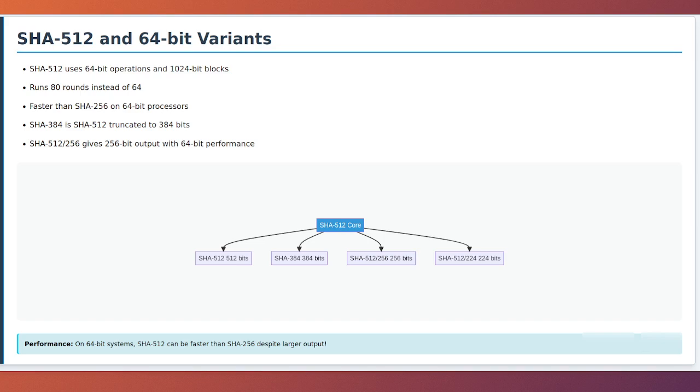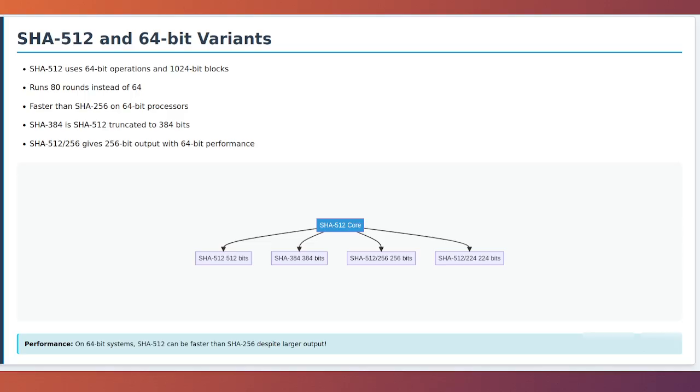The round constants are still derived from cube roots of primes, but now we take the first 64 bits of the fractional parts of the first 80 primes. The initial hash values come from the first 64 bits of the fractional parts of square roots of the first 8 primes. Why create this 64-bit variant?